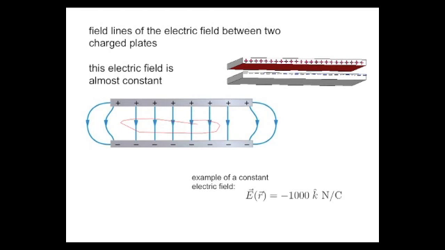That point is made by writing an equation for a possible constant electric field here. This vector is assigned to every point in the volume enclosed by the two plates. That field is constant unless you're near the edges, and when you're near the edges, as you see here, the diagram shows the field ceases to be constant.